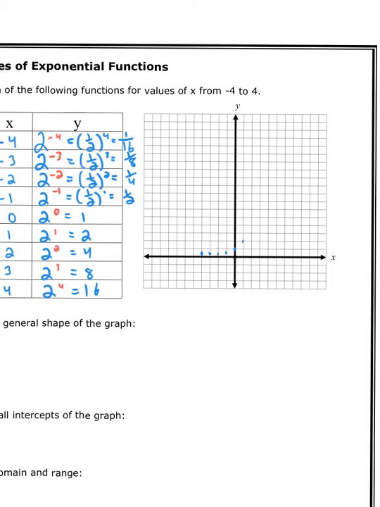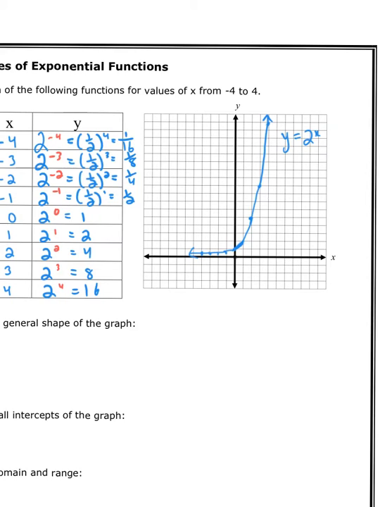And then I have 2, and then 4, and then 8, and then 16. So now I will join these points together and label the equation, y equals 2 to the exponent x.